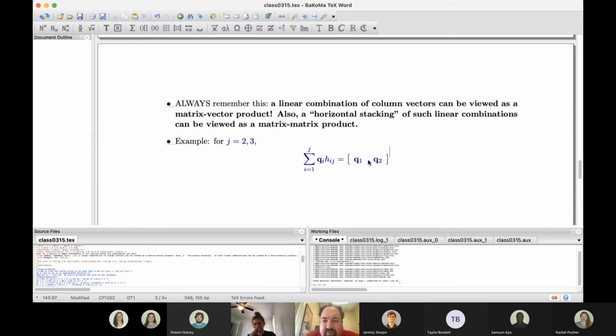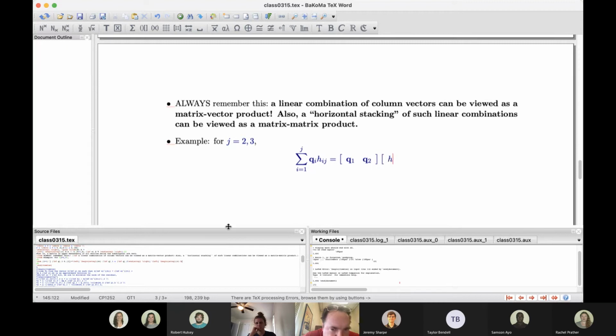So this is a matrix for a matrix vector product. The vector in question is a column vector of the coefficients used to take a linear combination of these vectors. That would be h12, h22.